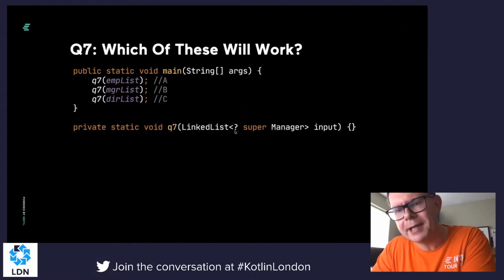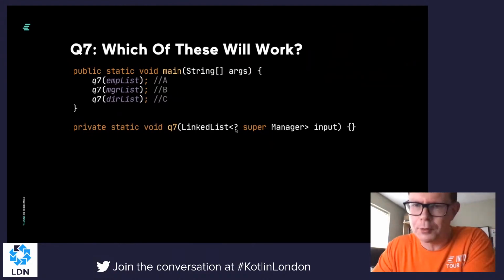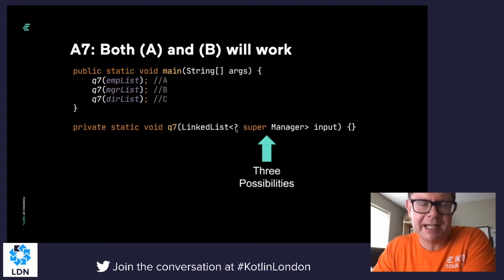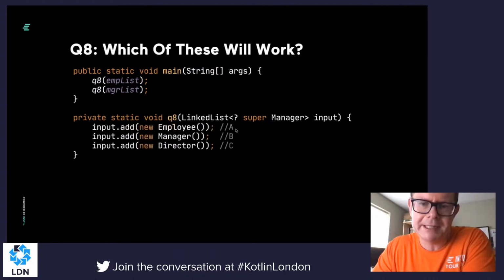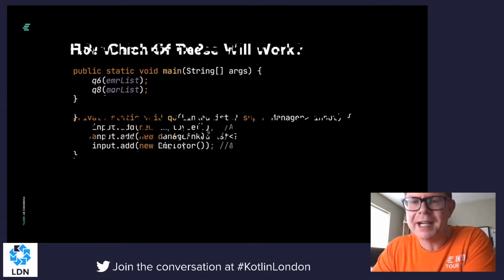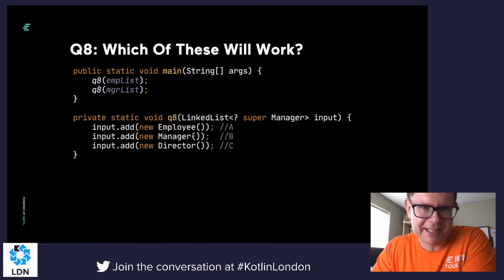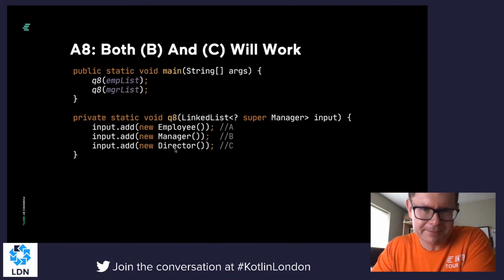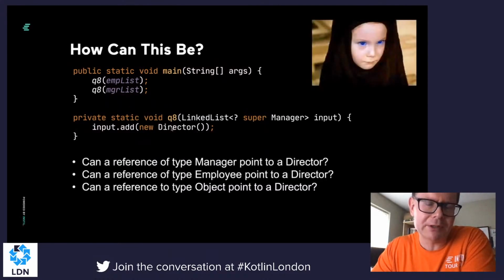Now we could go the other way. We could say question mark super manager. So now T is either manager or employee or object. If we do that, then A and B will go through, and we know for sure there are 3 possibilities for T. That will mean that we can add things, okay? It kind of confuses people that we can add things, especially that we can add a director. But if you think about it, what are the possible values for T?